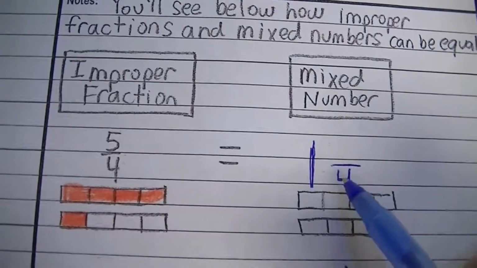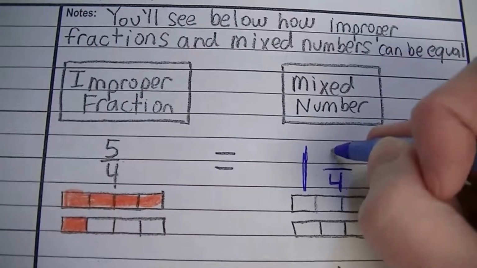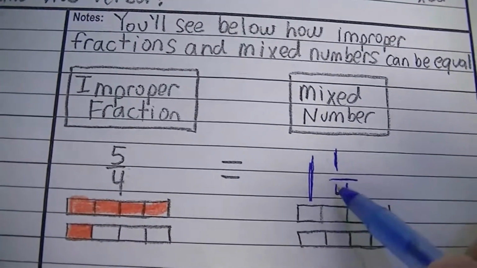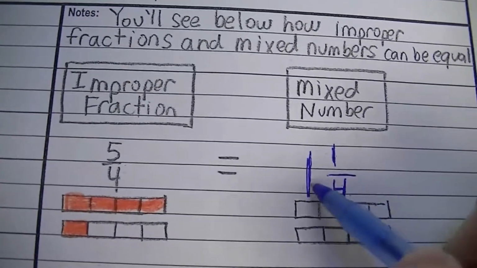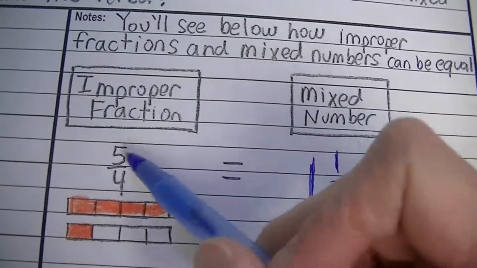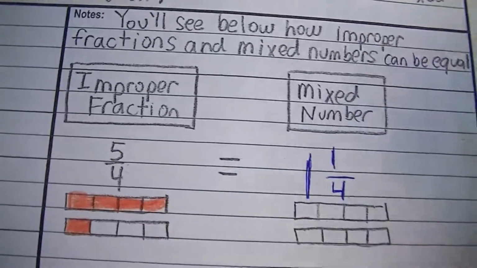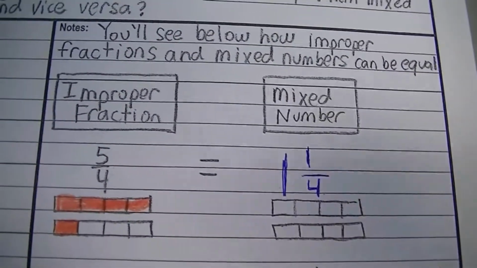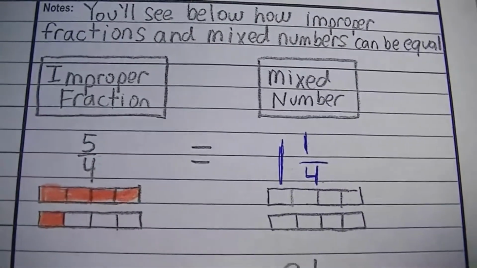And you should know that you would have 1/4 remaining. So you just go 5 divided by 4 is 1, keep that same denominator. 4 times 1 is 4, and you need 1 more to get to that 5. So now we're going to shade that in to show what 1 and 1/4 would look like.